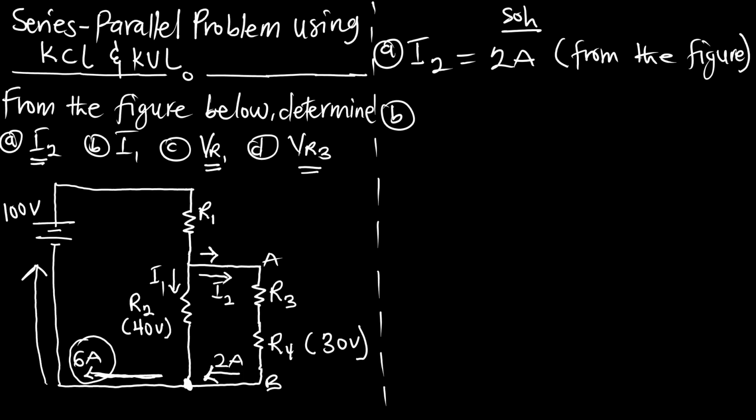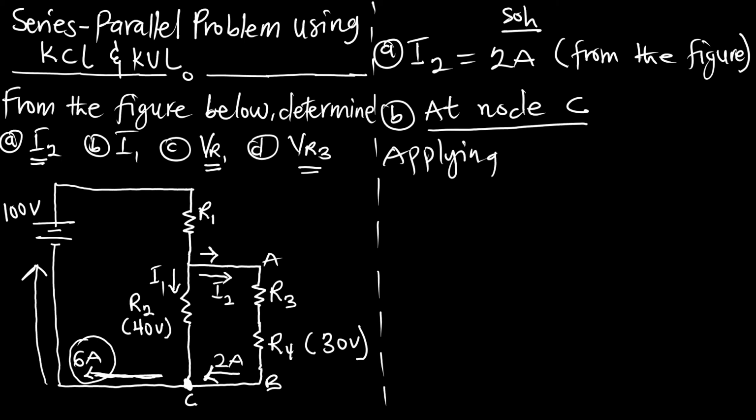Let's call this node C. At the junction or node C, what do we see? Applying the KCL, we can see that the current entering, that is I2 plus I1, should be equal to the 6 amperes current leaving. Is that true? Yes.